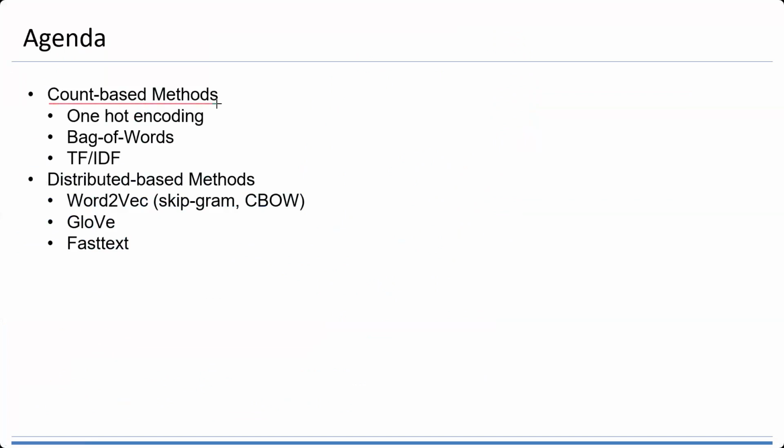First is the count-based methods, which covers one-hot encoding, bag of words, and TF-IDF. And the other is the distributed-based methods, which covers Word2Vec, which is skip-gram and CBOW, and GloVe and FastText.